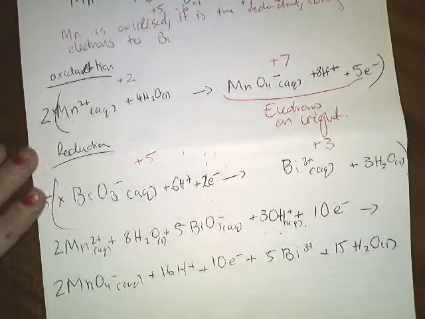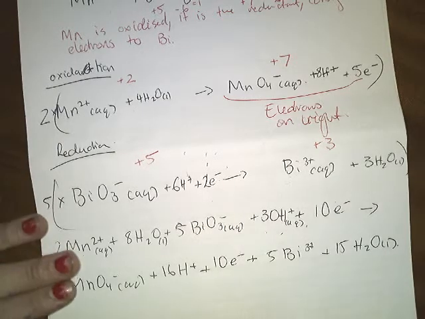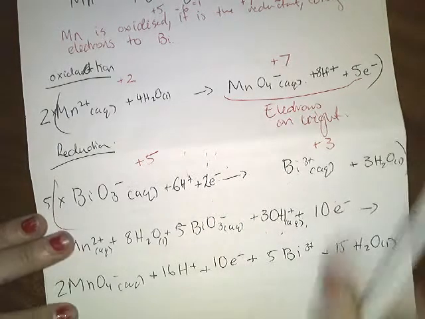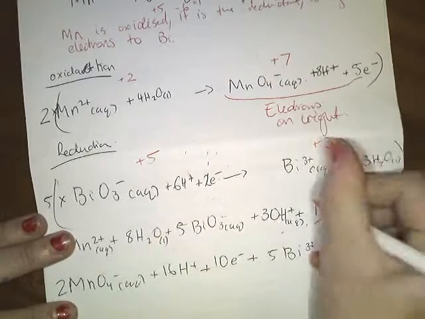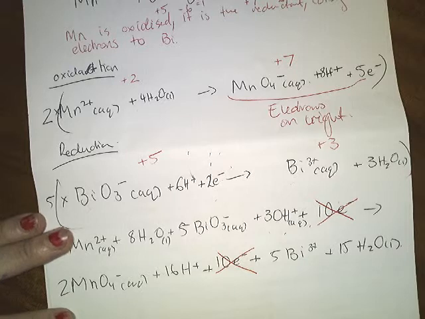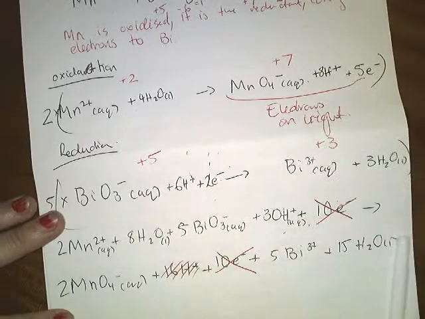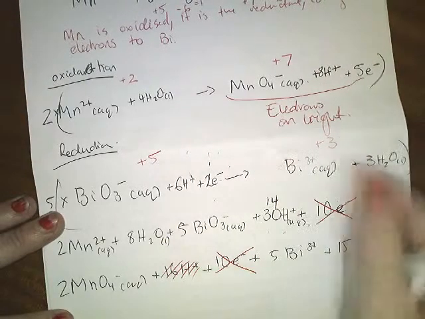Then we balance, and now we have to cancel out things that appear on both sides because we need to provide the net equation. Now we are crossing out electrons, we are crossing out H pluses, all of these go, and this remains 14.